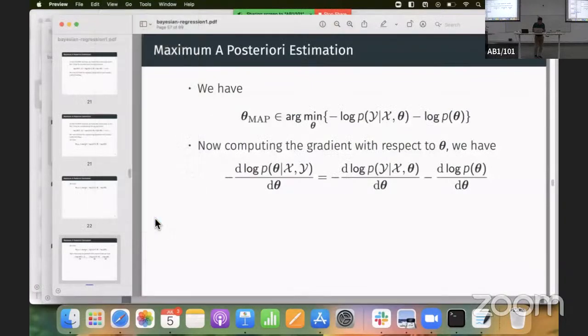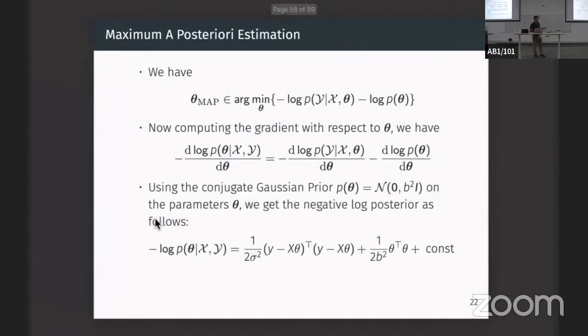That's the only thing you need to add. You had the previous expression, 1 over 2 sigma squared times the summation of yi minus yi hat squared, plus 1 over 2b squared theta transpose theta. This theta transpose theta over 2b squared is coming from the log prior.